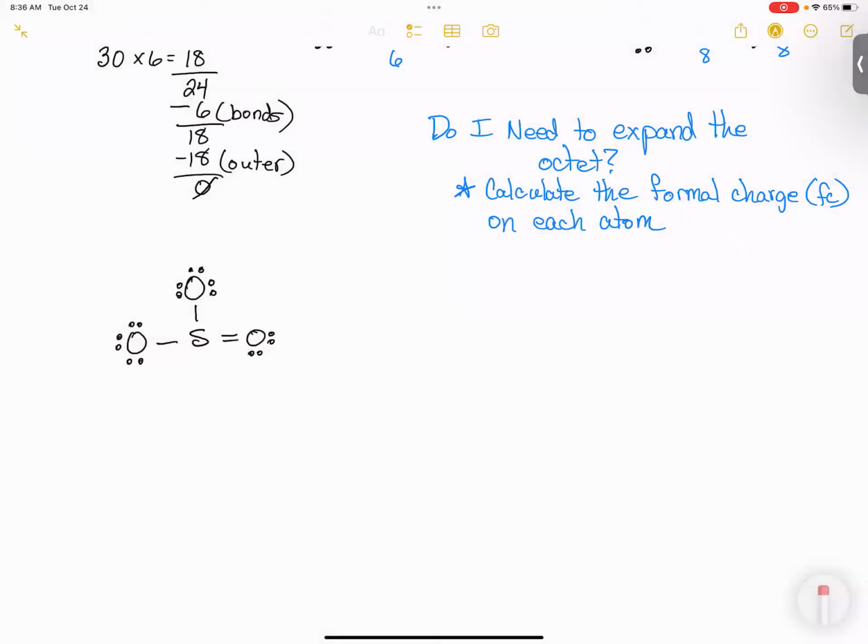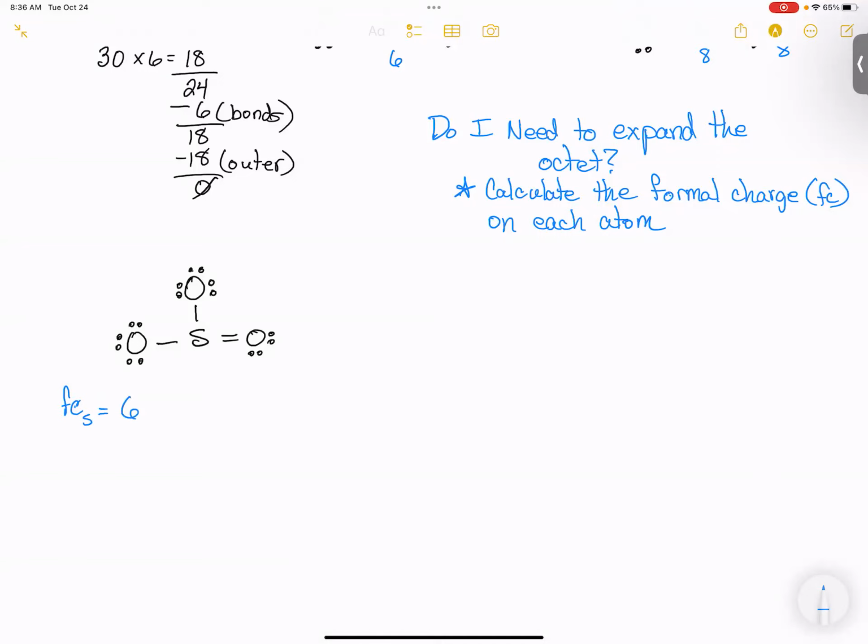So we're going to calculate the formal charge for each of the bonds and atoms in this. So sulfur, and I'm using the equation that I gave you. Sulfur's formal charge is equal to its number of valence electrons.